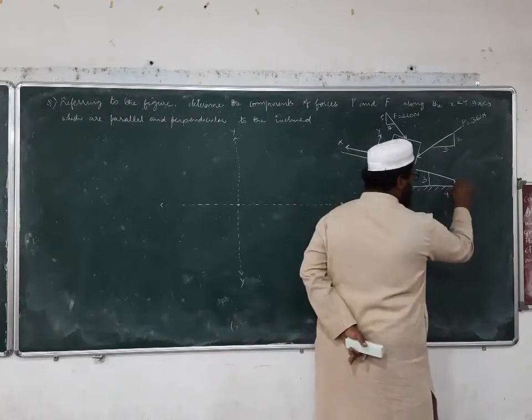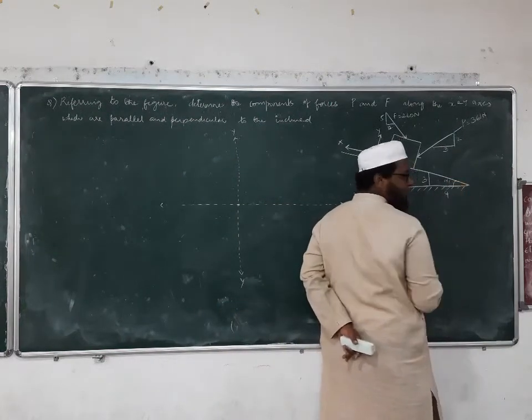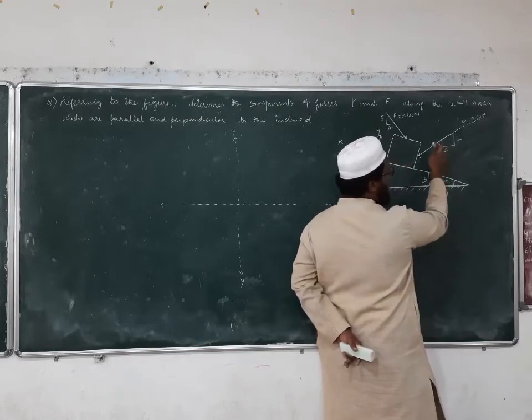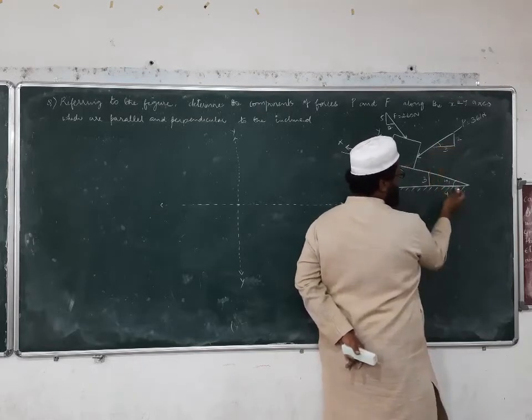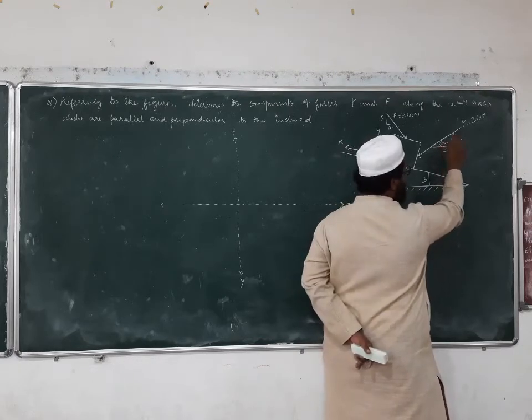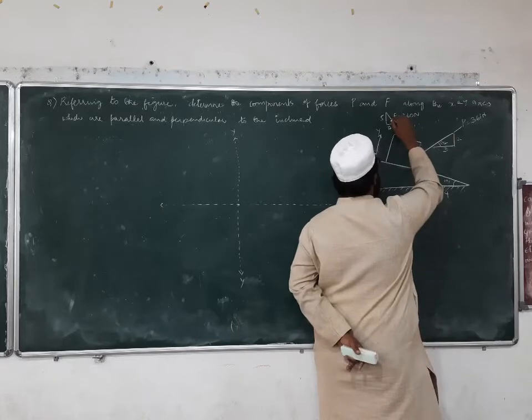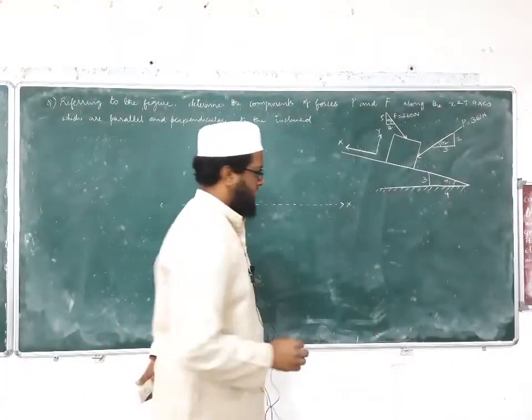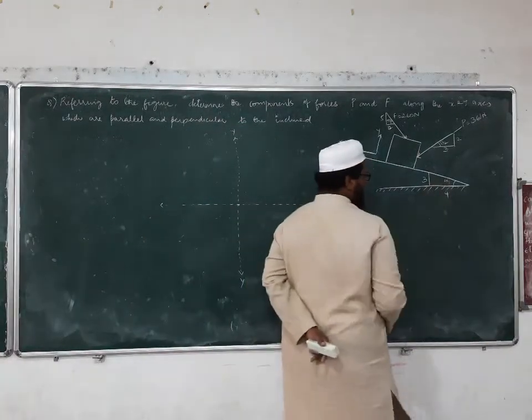This angle we will name as theta 1, and I am taking all the angles with the x-axis. This is a horizontal line, this is also a horizontal line. So I will name this as theta 2 and this angle as theta 3. We will calculate all the thetas first. So I will calculate this theta 1.